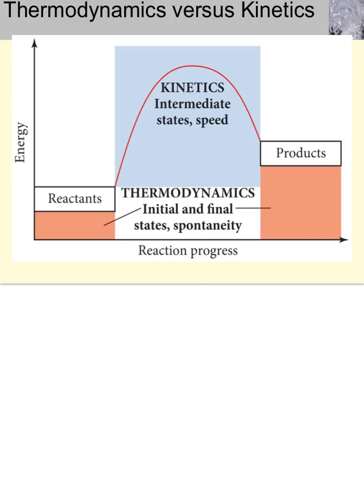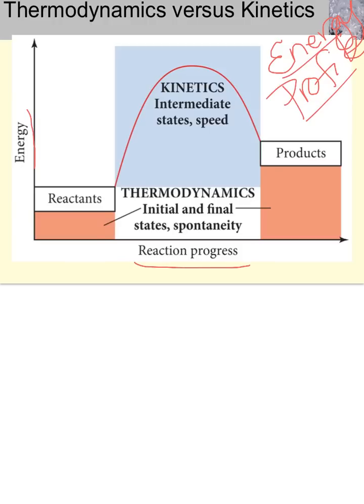So let me show you a typical energy profile for a chemical reaction or a process. And in these graphs, which you need to be able to interpret, energy is typically on the y-axis, and the reaction progress is on the x-axis. So, of course, our reactants would be on the left side and the products on the right side. And we love energy profiles because they tell us the relative energy of the reactants and products.